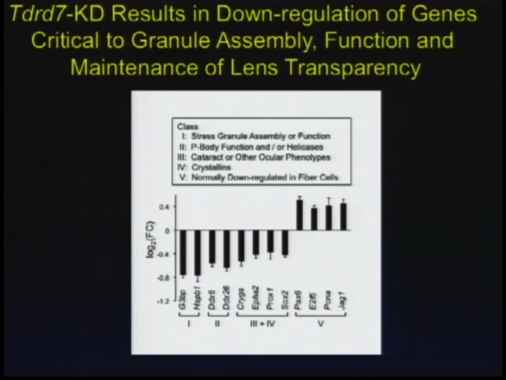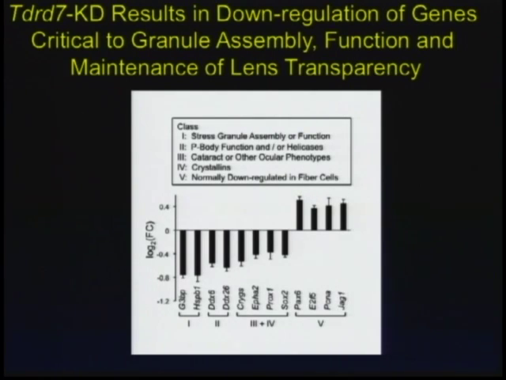To my personal surprise, I thought the Tdrd7 knockdown mouse lens epithelial cell line may not work as well, but it actually gave us a lot of clues. When we looked at which genes are differentially regulated, we found genes important for granule formation like G3BP or HSPB1 were downregulated.